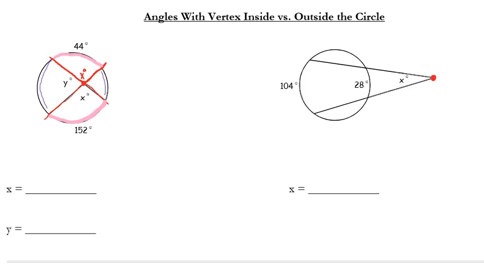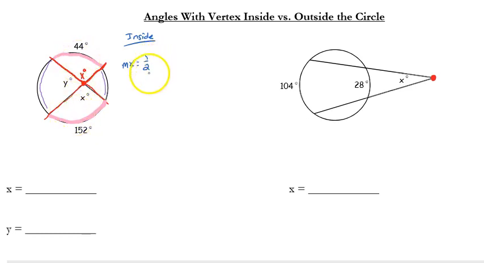This first property, to find x, is because the location is inside my circle. Very important concept here: the location of the angle is inside my circle. The measure of my angle is going to be equal to exactly 1/2. Now if it's on my circle, it's 1/2 of the arc. But here it intercepts not one arc, it intercepts two.